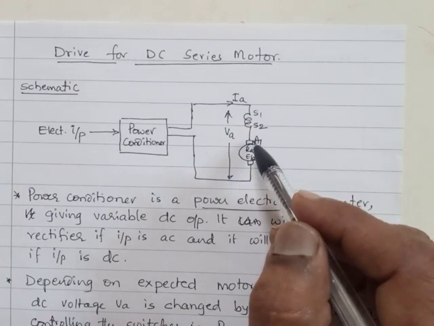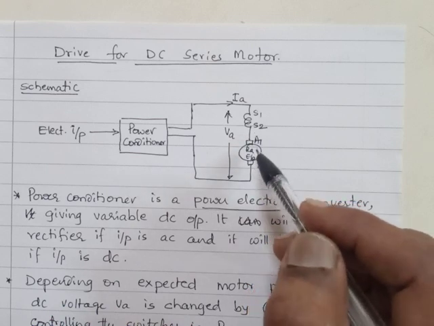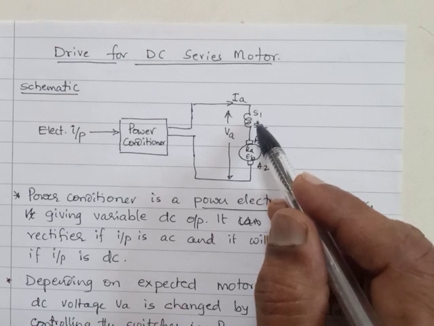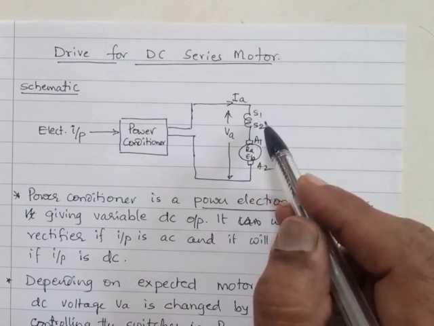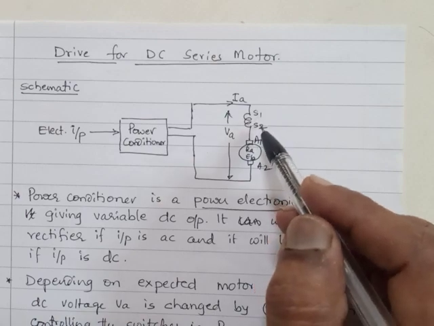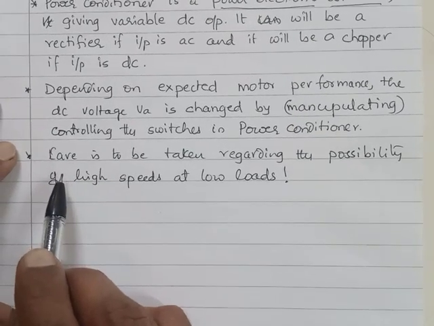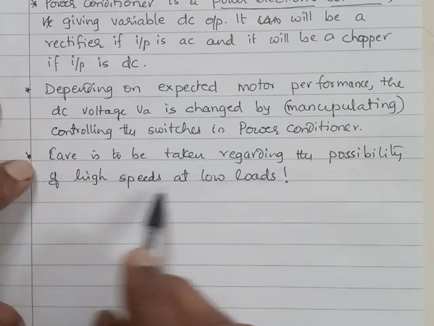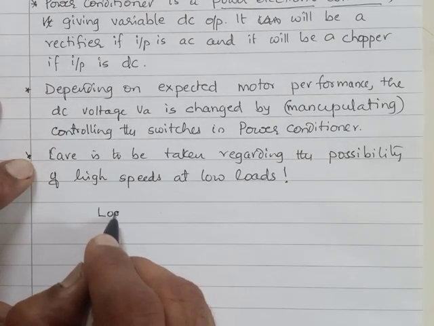When the armature current will be less, when the load is less, the field current also will be less. When the field current becomes less, the flux becomes less. When the flux becomes less, the speed becomes more. So we should keep in mind this possibility, and suitable care is to be taken regarding the possibility of high speeds at low loads.